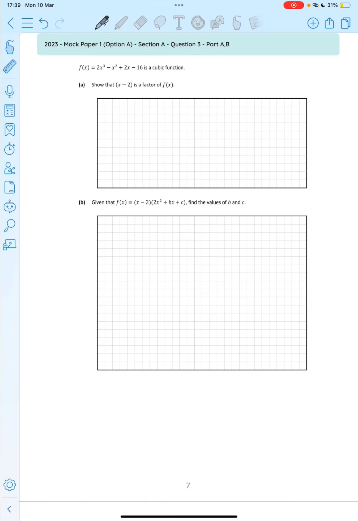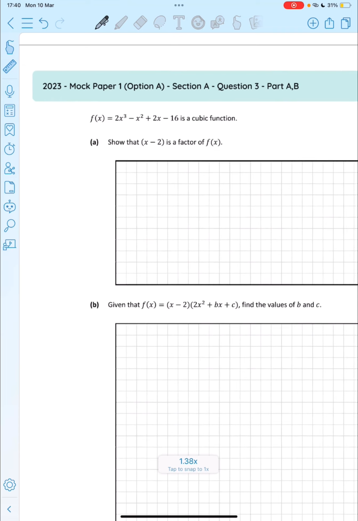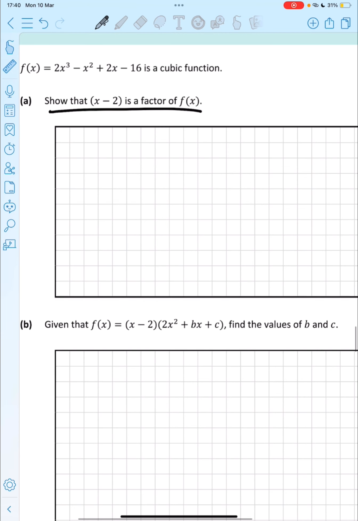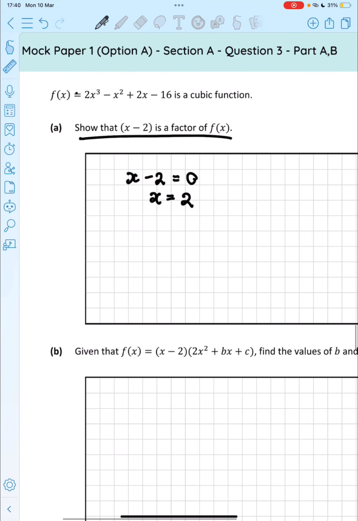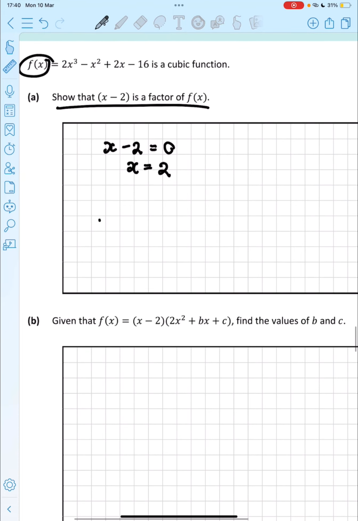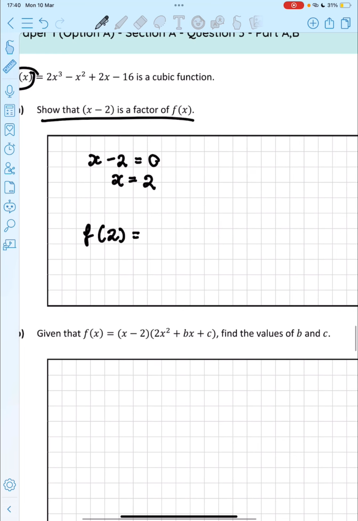So our last cubic question of our first revision week: show that x minus 2 is a factor of f(x). So if x minus 2 is a factor, then f(2) equals 0, so x is equal to a positive 2. To see if that is a root of my f(x), everywhere I see x in my equation, I'm going to put in a 2. So I'm basically subbing this 2 in as a replacement for x in my function.